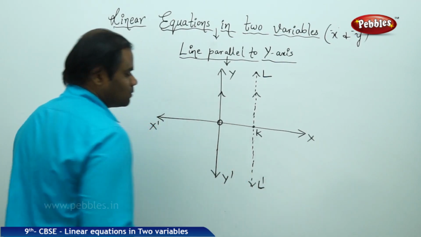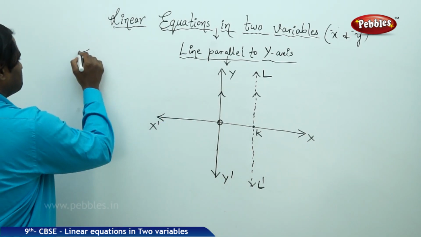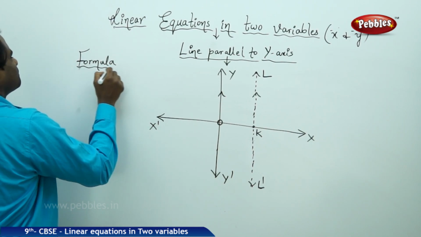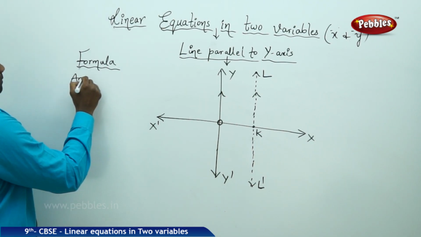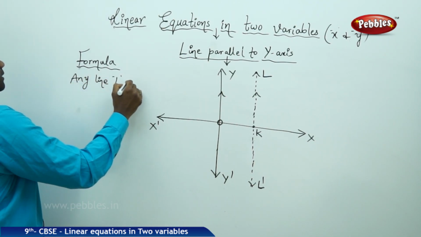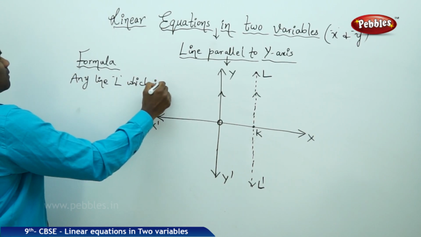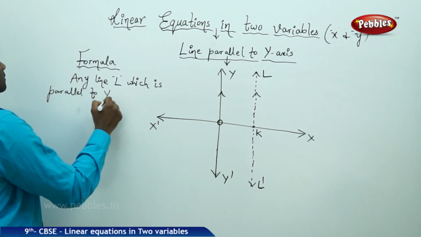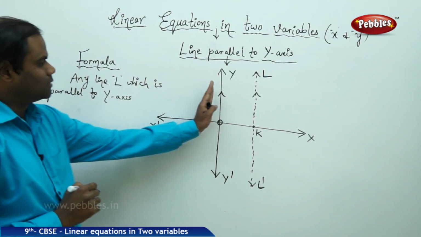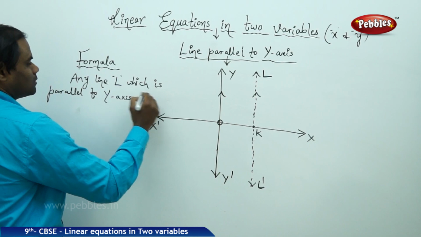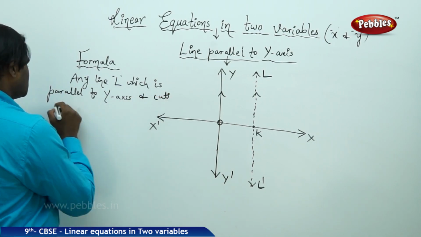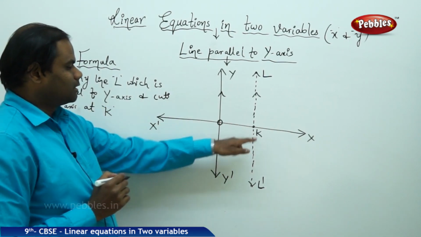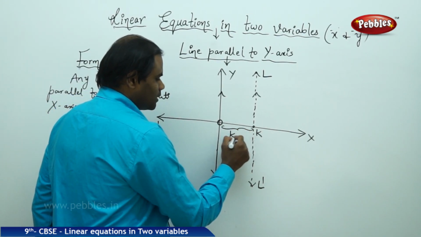Now the question comes, what would be the equation of this line L? So let's see how we can derive this formula. Any line L which is parallel to y-axis and cuts x-axis at k, that is the distance from origin to k is k units.